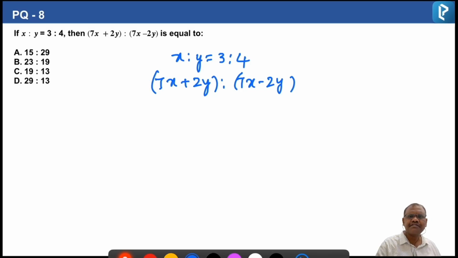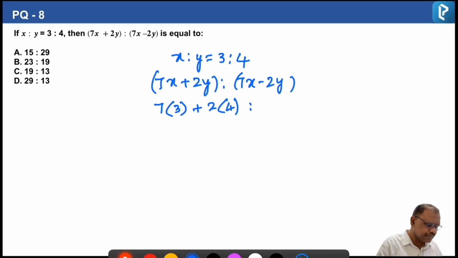Simply substitute the values of x and y as 3 and 4 in the expressions. x value is 3 and y value is 4. Similarly, in the second term, 7 times 3, 2 times 4.